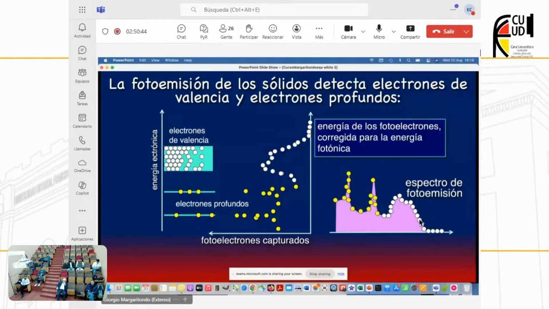Now, when I first saw these kind of things, I was a kid. I was a very young investigator. I can tell you that it was shocking for me, because for the first time, instead of reading in the books about core levels, well, I had core levels in my spectra.